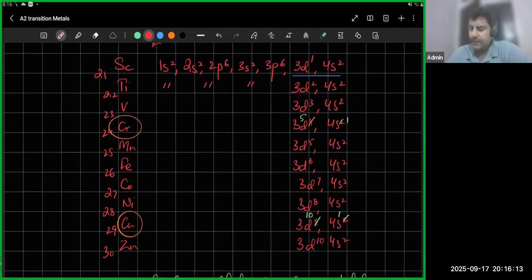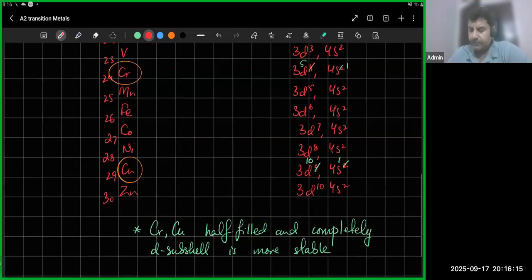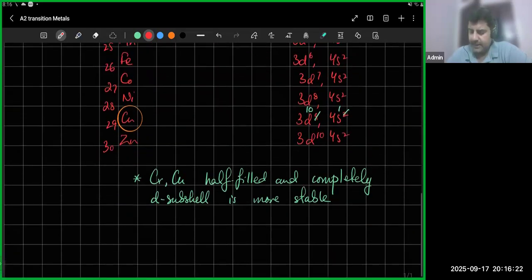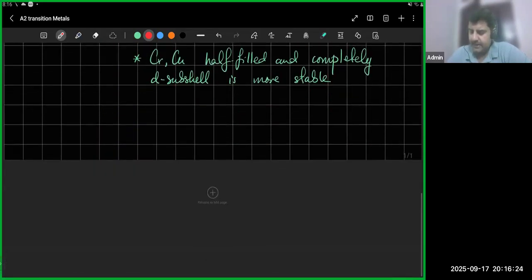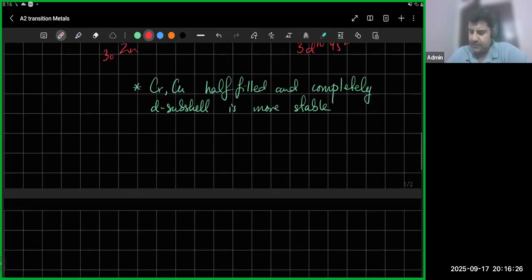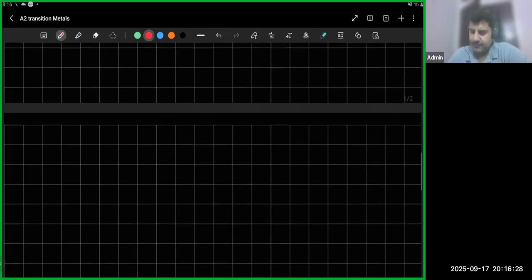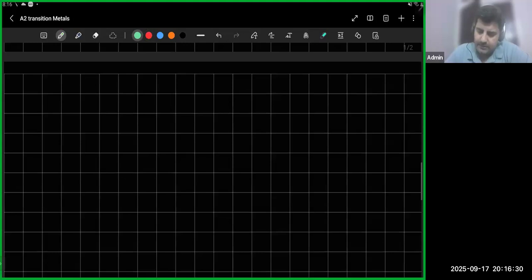So the next thing is transition metals have like four or five properties. And I'm going to tell you what a transition metal is. First thing, not all D block elements are transition metals.